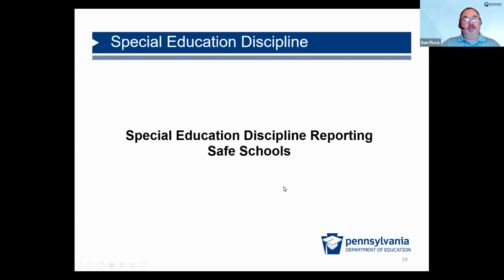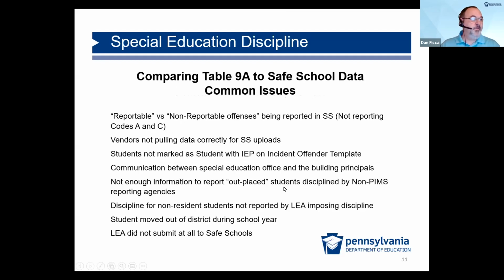All right, so the next slide will be all the issues that came up when comparing your 9A data to your Safe Schools data. The biggest one, by far, is reportable versus non-reportable offenses. And I have slides on just about all these. But the point of this one is, there's quote reportable, which is not the right word, offenses that have a number, 1 through, I don't know, 50 something.